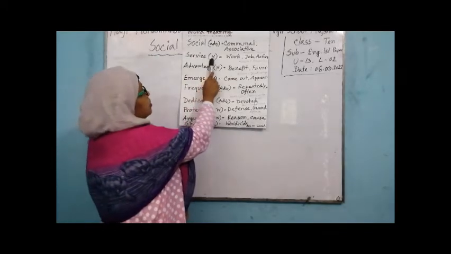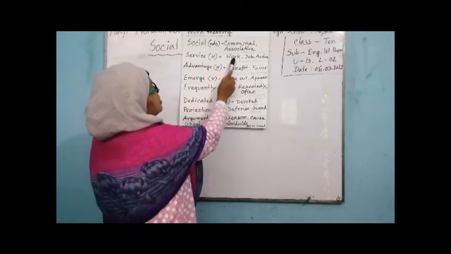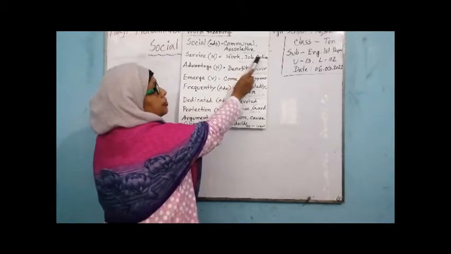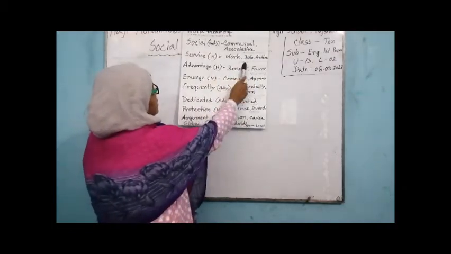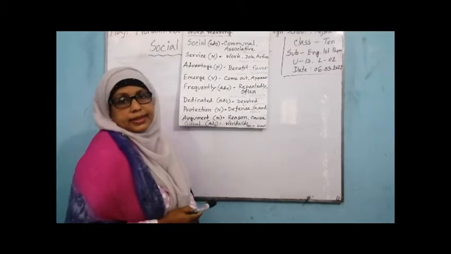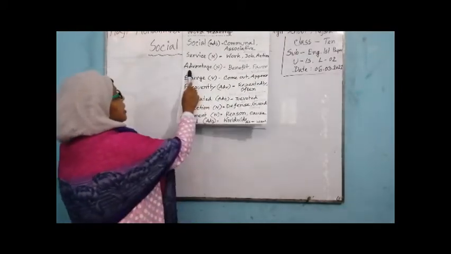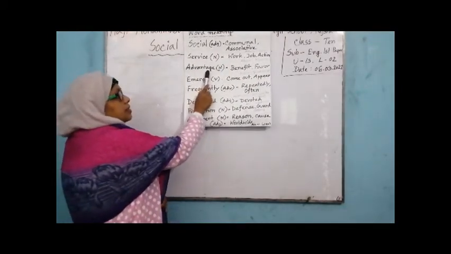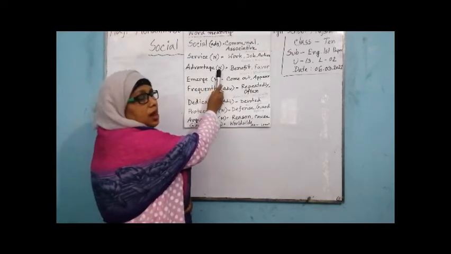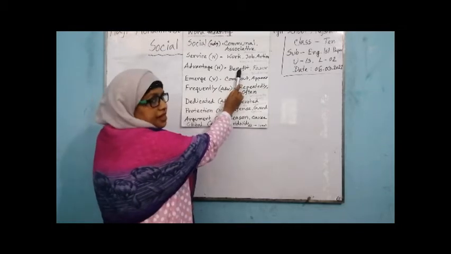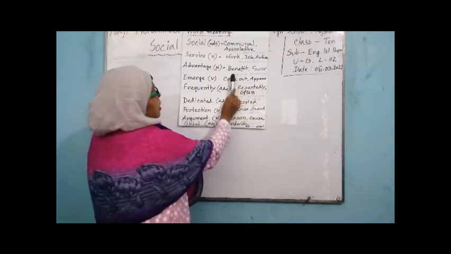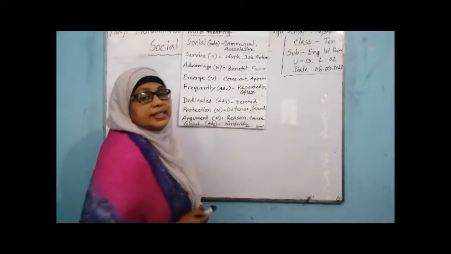It's a noun. Service means work, job, action. And its antonym is disservice. Okay. Next, advantage. It's also a noun. Advantage means benefit, favor. And its antonym is disadvantage.